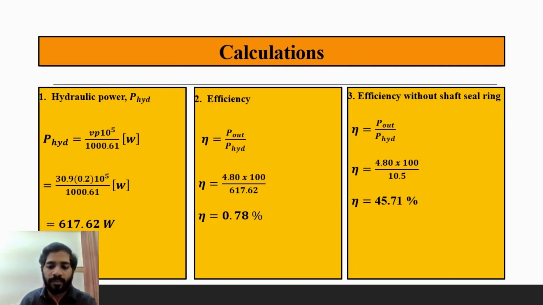To obtain the values in table 4.1 for the characteristic curve, we used some equations to calculate the hydraulic power, and the efficiency of the turbine, followed by the efficiency of the turbine without the shaft seal ring, as stated in the slide.